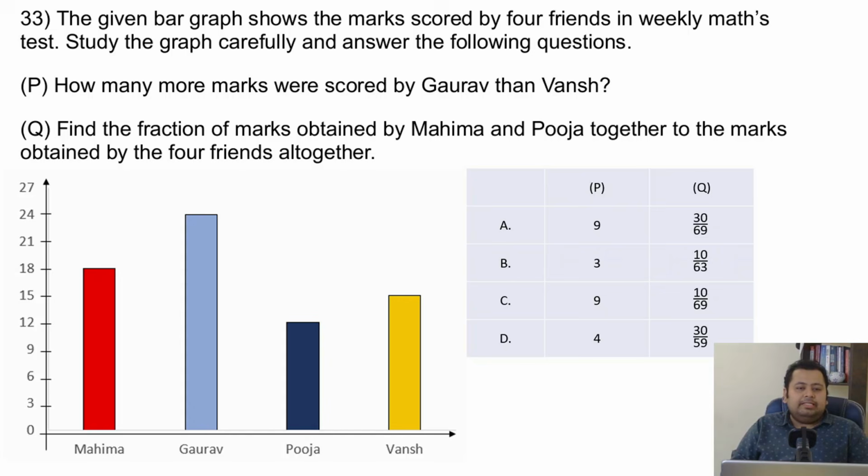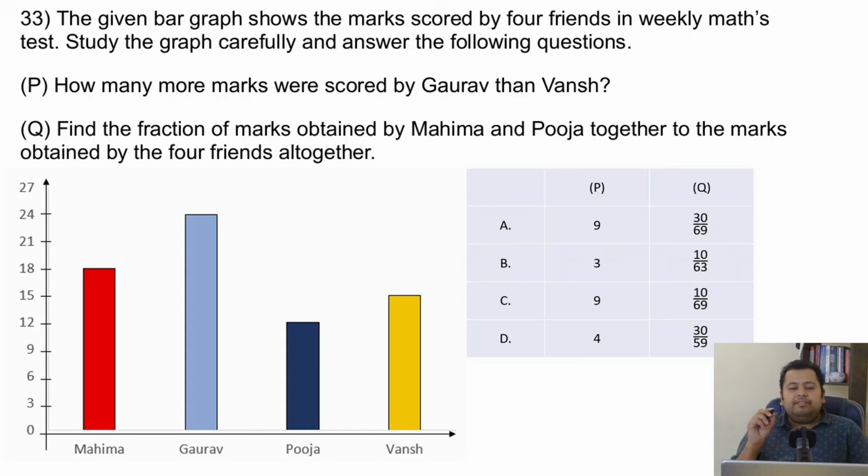Now let's go to question number 33. The given bar graph shows the marks scored by four friends in a weekly maths test. These are all bar graph questions. You get these questions mandatorily in your examination. These are just mapping and finding out what the values are.